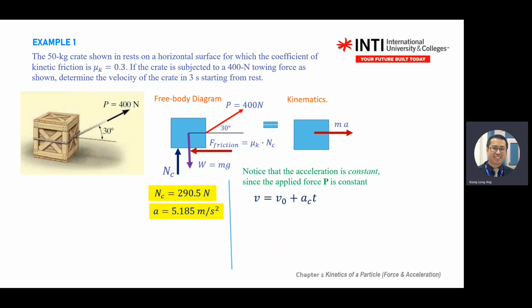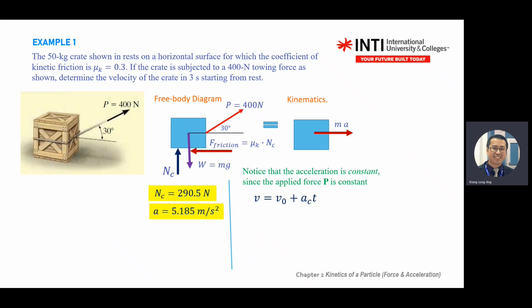So you can call out the 3 equations that you derived in chapter 1. V equals something, then S equals something, V squared equals something. We apply this one because we are given the time and the initial velocity, because we tell you we start from rest.